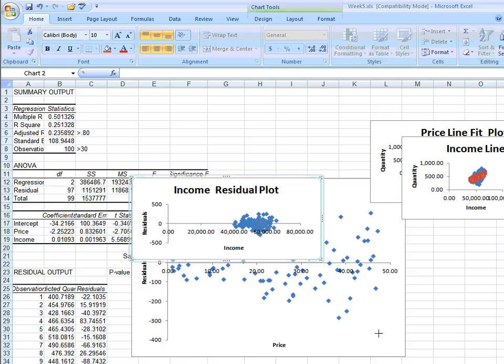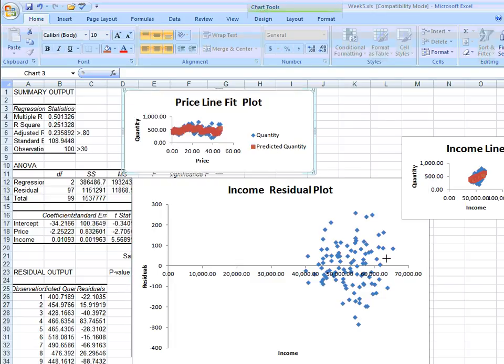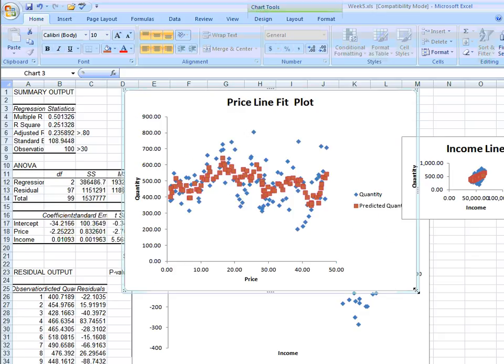Look at the distribution for income. Clearly random, clearly up and down, no pattern, no cone shape. That's good. Look at the price. The predicted quantity and the actual quantities, they're pretty decent, not fantastic.